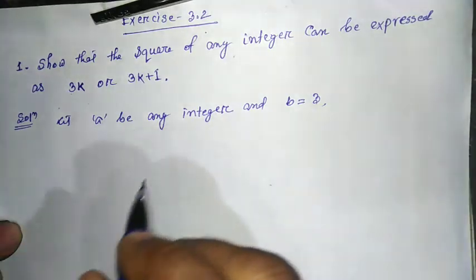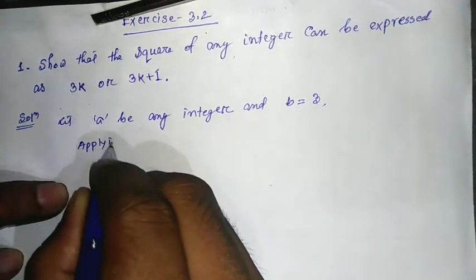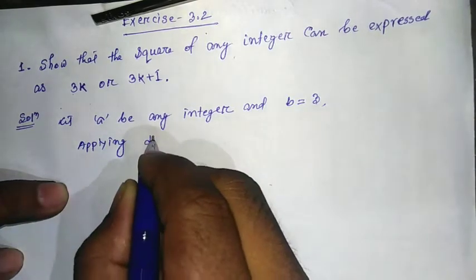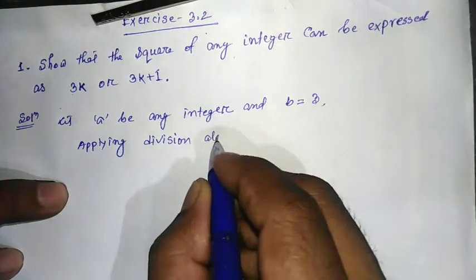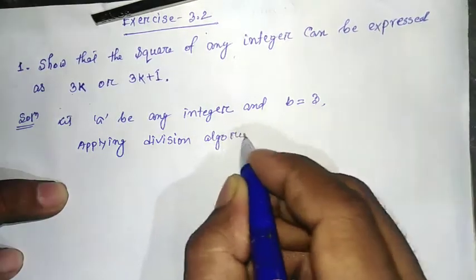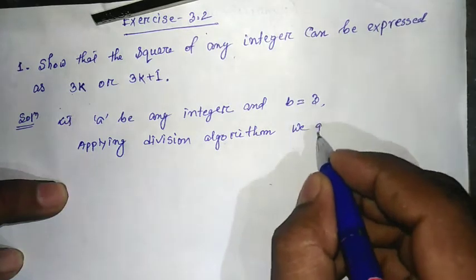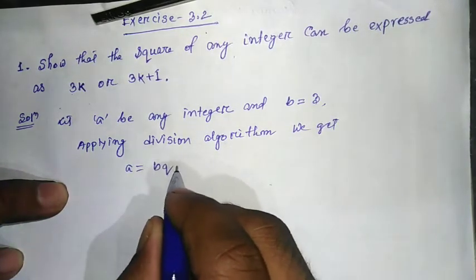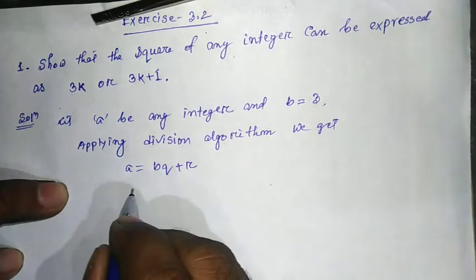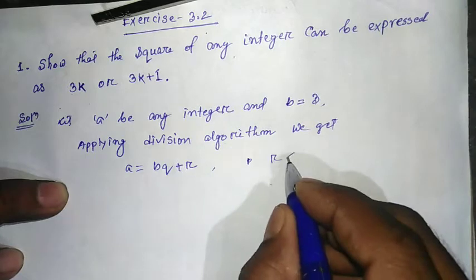So applying the division lemma or algorithm, we have a is equal to bq plus r, where r is greater than or equal to 0 and less than b.